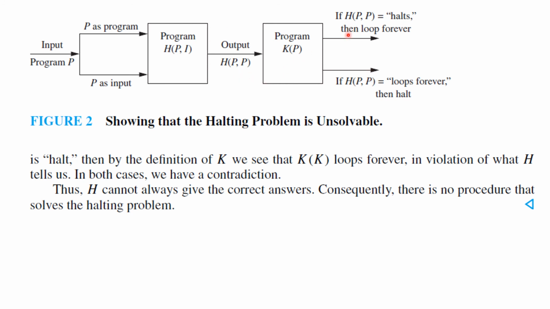If H(P,P) says halts, then K(P) loops forever. If H(P,P) says it loops forever, then K(P) halts. So by definition of K, we see that K(K) either loops forever or halts in violation of what H tells us. In both cases, we have a contradiction. Thus, H cannot always give the correct answers. Consequently, there is no procedure that solves the halting problem.